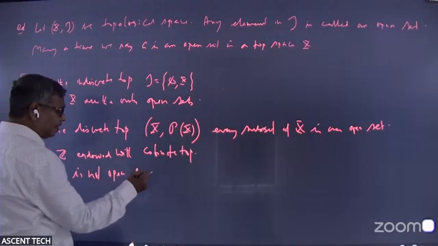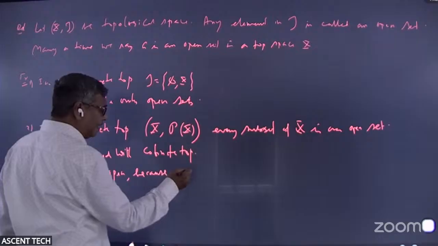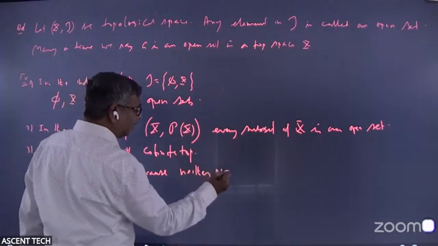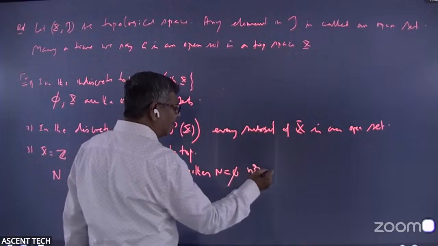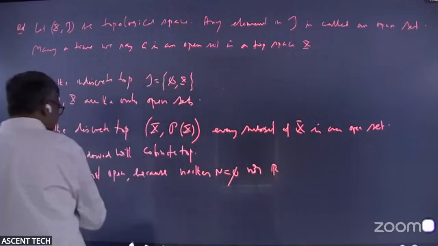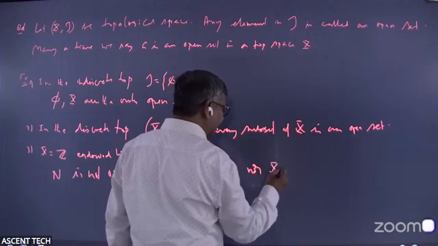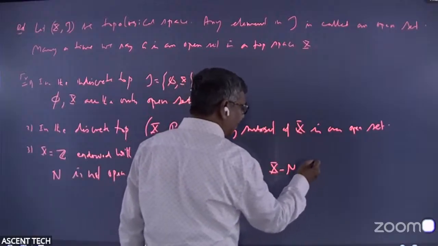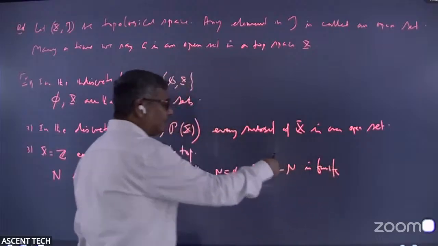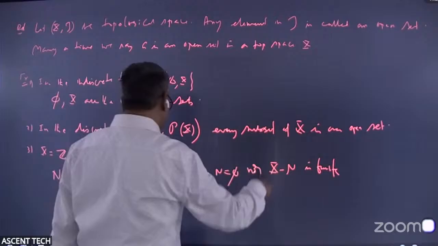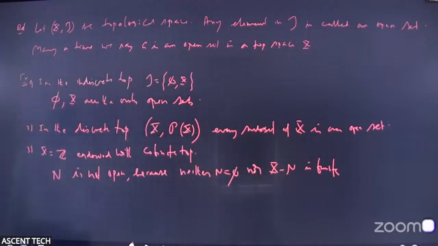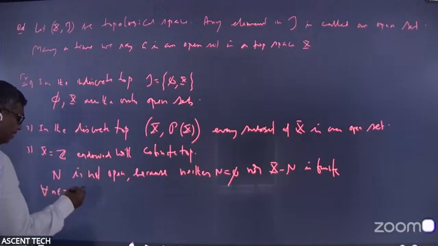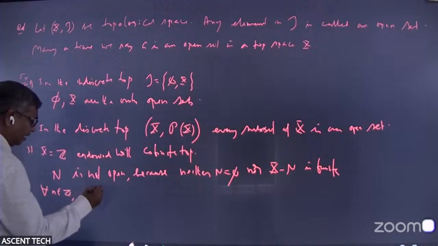Because neither is N empty, nor is the complement of N, Z minus N, finite. All the negative integers and 0 are in it. This is an infinite set. So N is not an open set. But you can create a lot of open sets very easily. You can create, for example, for every integer n, the complement of that integer.